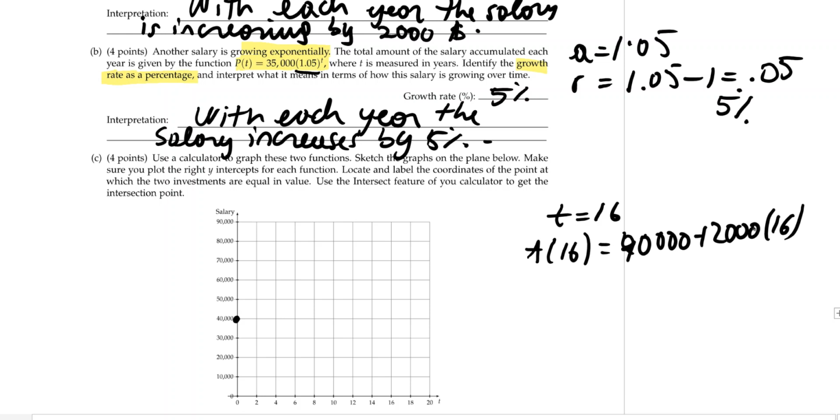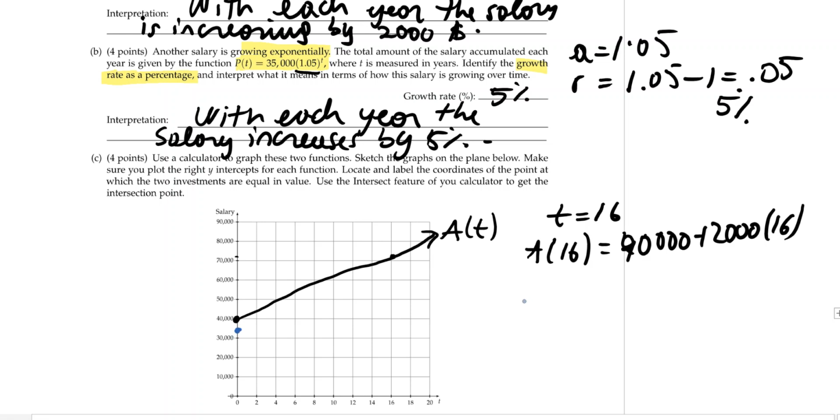So if we put that in the calculator, we would get 72,000. So at 16, we would have it somewhere here. So this one is A of t, that's the linear growth, and then the exponential growth starts at 35,000, so it starts a little lower in between right here.